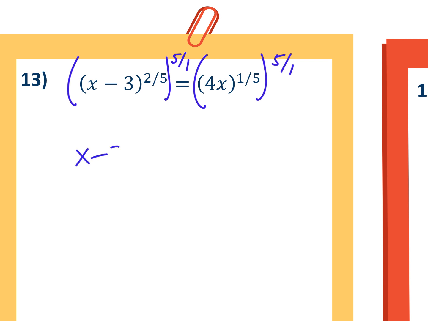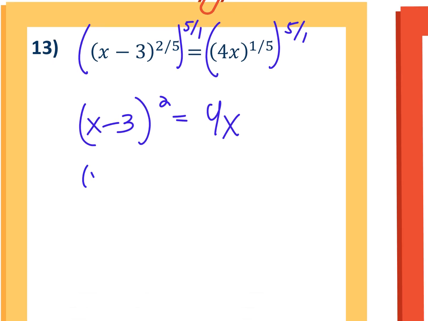It's x minus 3 squared equals 4x. Everybody with me? Okay. So what did you tell me? This is x minus 3 times what? X minus 3 equals 4x. We can all do this.